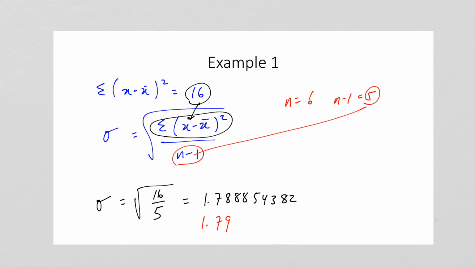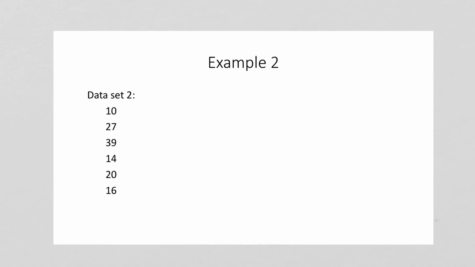Let's take a look at a second example. So example 2, data set is 10, 27, 39, 14, 20, and 16. Be a good idea for you to pause the video and have a go at doing it yourself. Okay, hopefully you've done that. Let's take a look.